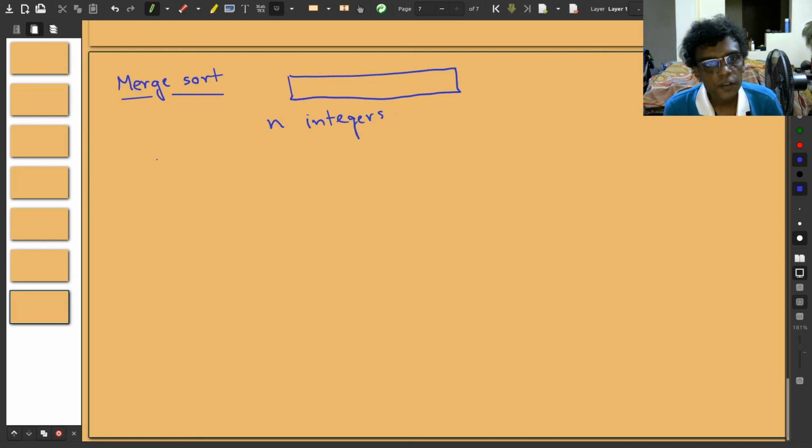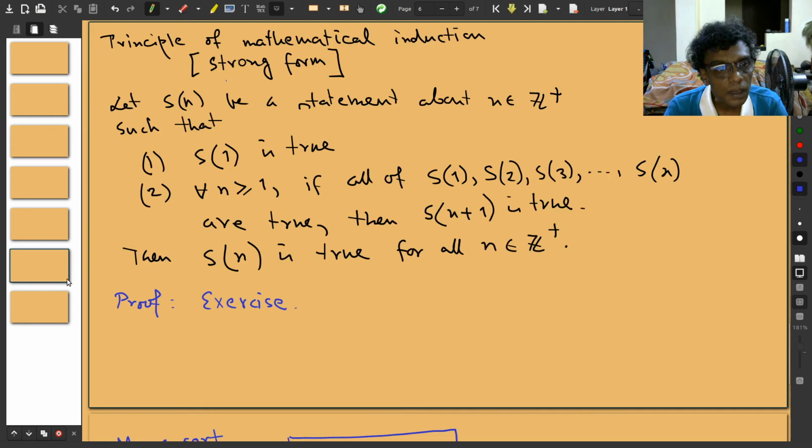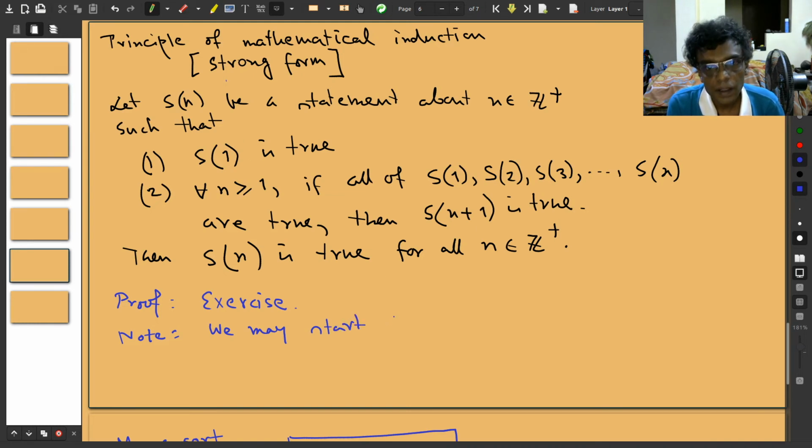So if n is small, like 0 or 1, okay, the last page, again, proof is exercise, and another note, we may start not necessarily from 1, but from any n0.